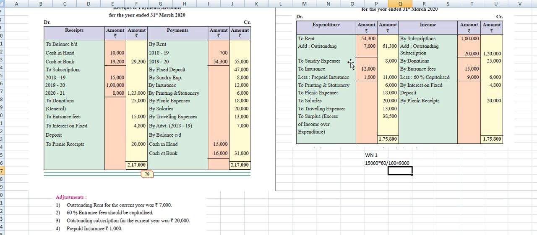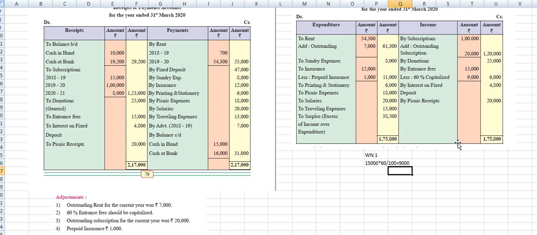But the amount on the debit side is less. So that amount we take as surplus, excess of income over expenditure. In the trading account, when the credit amount is more than the debit side amount, we take gross profit, and vice versa for gross loss. In the P&L account, we take net profit and net loss like that. In the income and expenditure account we take it as a surplus, excess of income over expenditure.